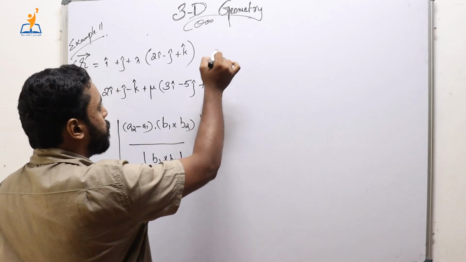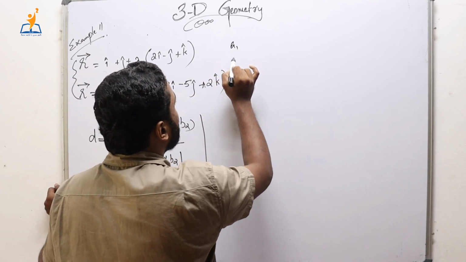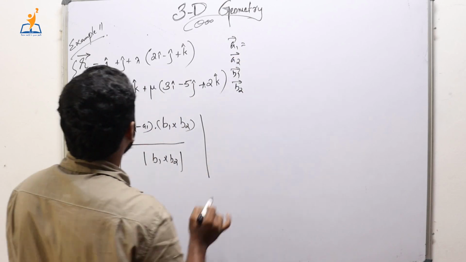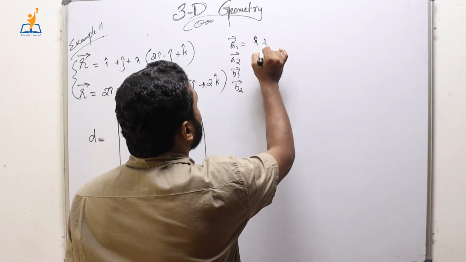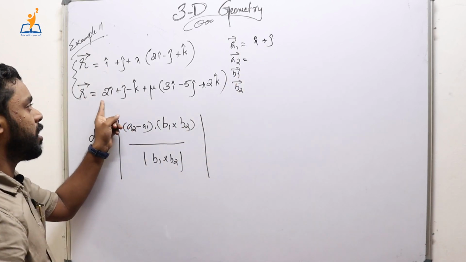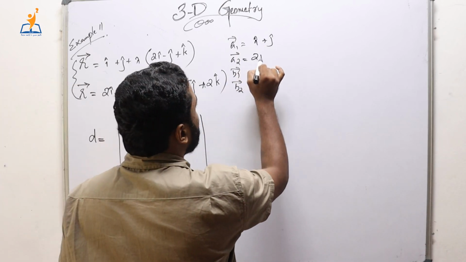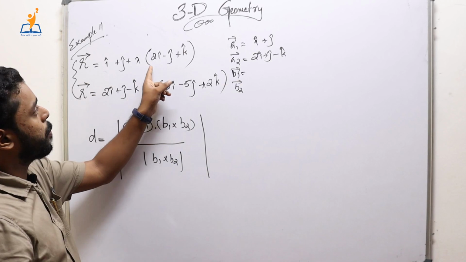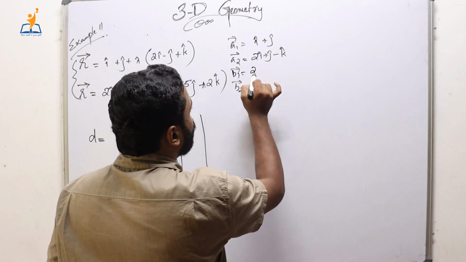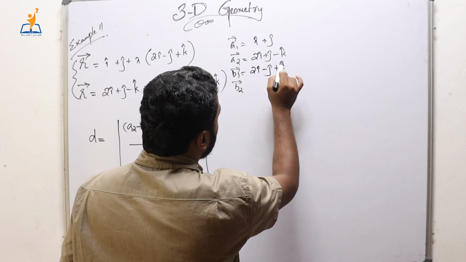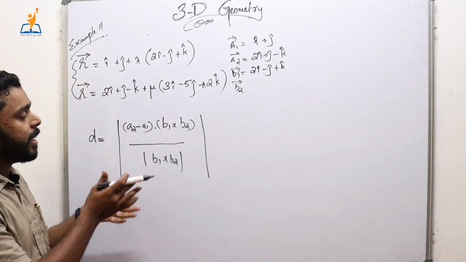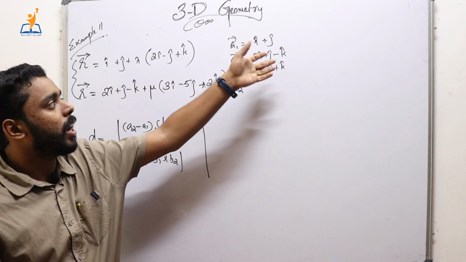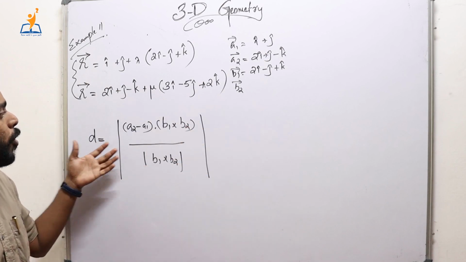Right. Now from the given statement itself we have A1, A2, B1, B2. A1 is nothing but I plus J. A2 is nothing but 2I plus J minus K. B1 is nothing but 2I minus J plus K. If you have any doubt in applying these formulas all at once, just take out all these terms and write them down like this, then it is easier to apply the formula of shortest distance.